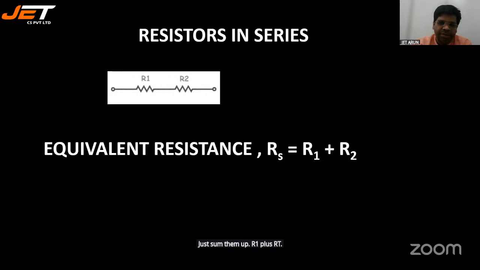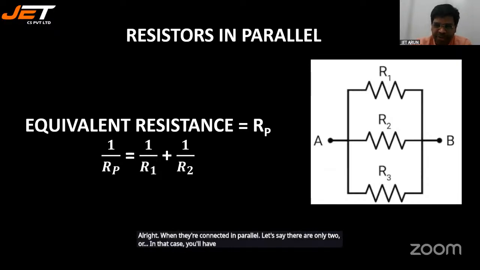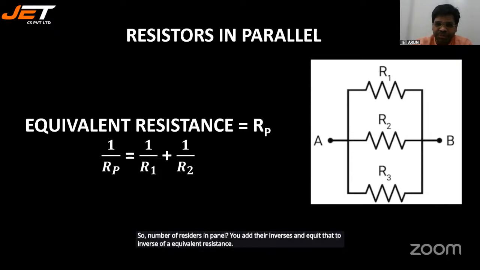When they're connected in parallel, you'll have 1 by R effective, that's R parallel, equivalent resistance, equal to 1 by R1 plus 1 by R2 plus 1 by R3 plus 1 by R4, and so on. So for any number of resistors in parallel, you add their inverses and equate that to the inverse of the equivalent resistance. That's the equation you use.